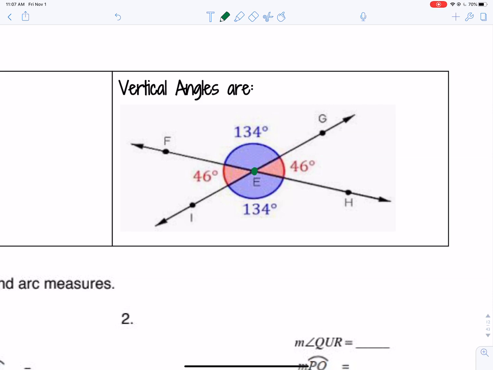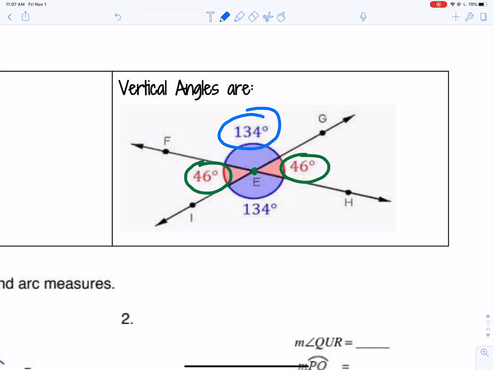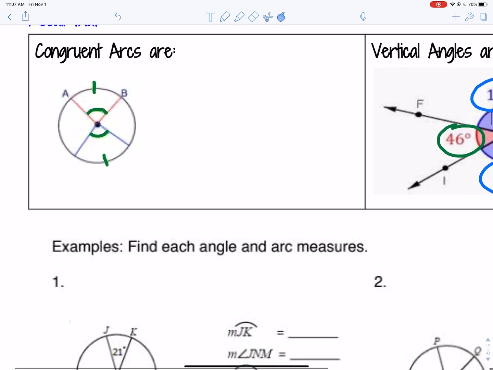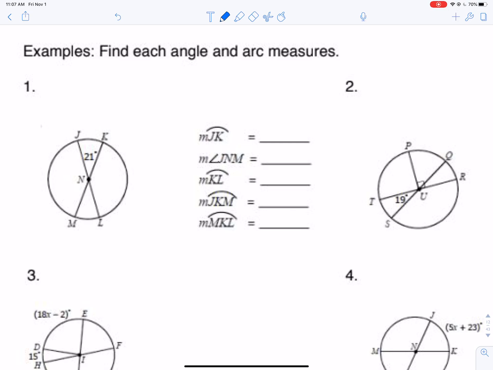They might touch in the middle, they might not, but the angles they form on opposite sides of that intersection would be equal. So just to review that might still happen, but it's not necessarily always the case when you have congruent arcs. Okay, so let's look at some examples.